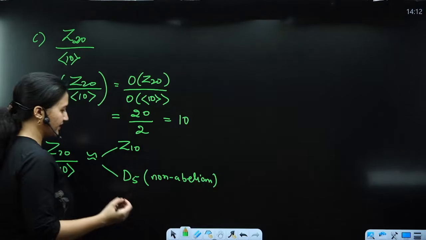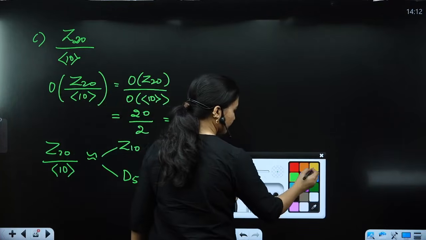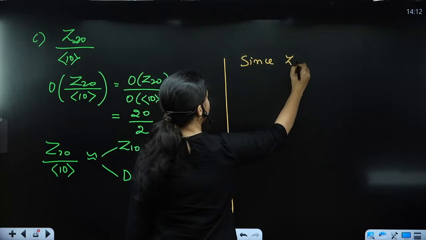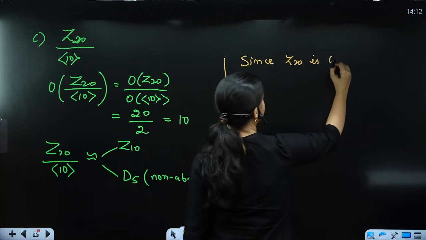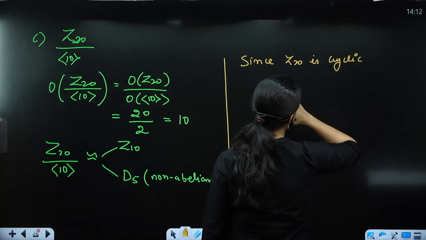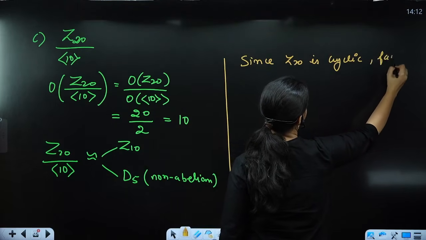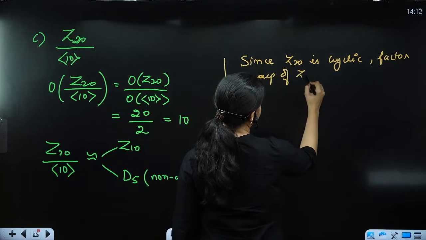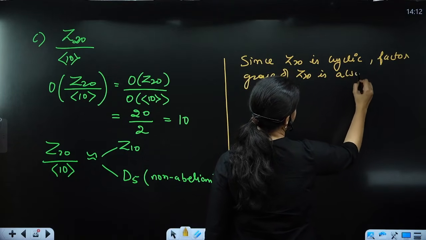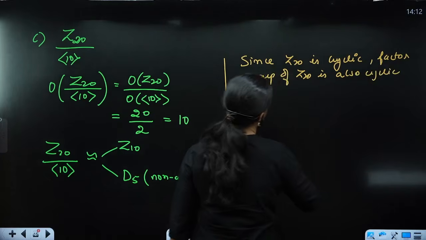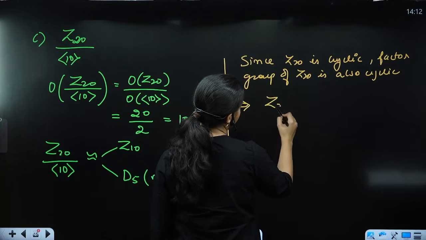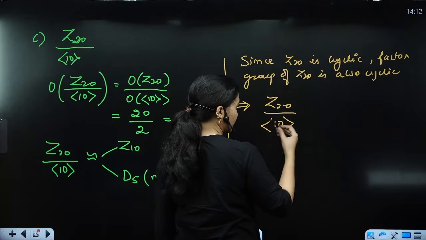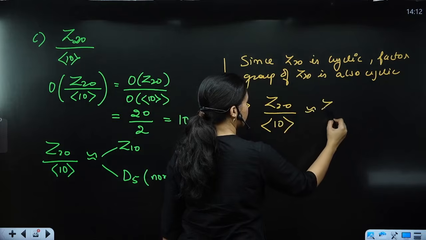But the thing is that since Z20 is cyclic, the factor group of Z20 is also cyclic, right? This implies that Z20 upon the cyclic group generated by 10 is isomorphic to Z10.